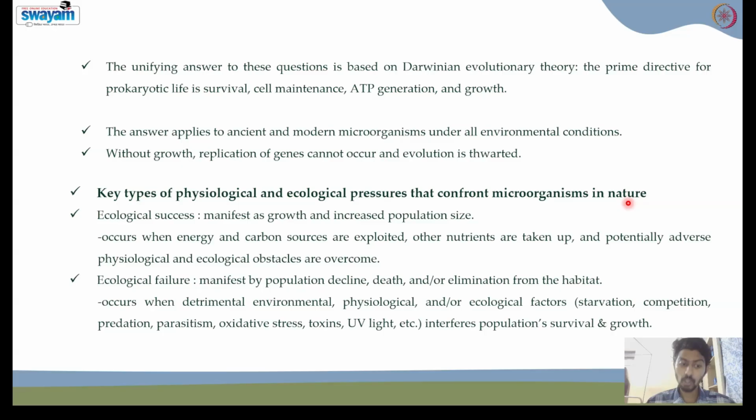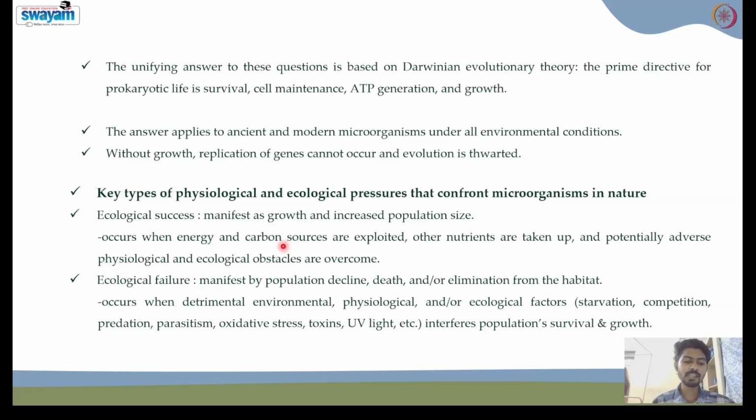One can say an ecology or environment is successful if there is a nutrient rich environment where the abundance of carbon and energy content is higher, and with a nutrient rich environment there is higher growth, survival, and population expansion also.